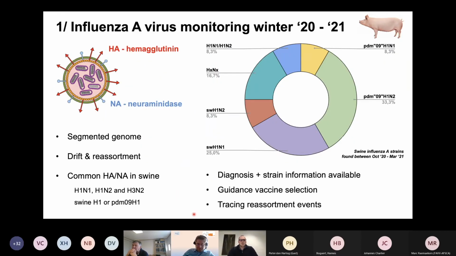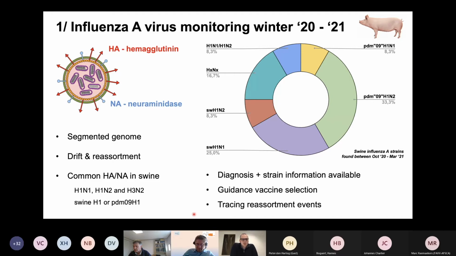So as an example of influenza, for the samples that we monitored in the pigs, the influenza positive samples, we were also able to determine the hemagglutinin and the neuraminidase subtypes. As you know, influenza has a segmented genome, so there are 8 gene segments, and this virus undergoes a lot of drift.